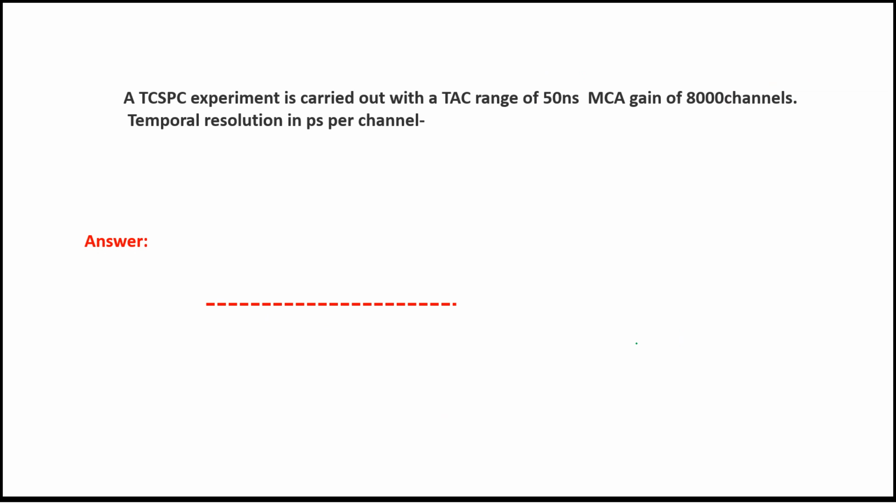The question number 3. A TCSPC experiment is carried out with a TAC range of 50 nanoseconds and an MCA gain of 8000 channels.